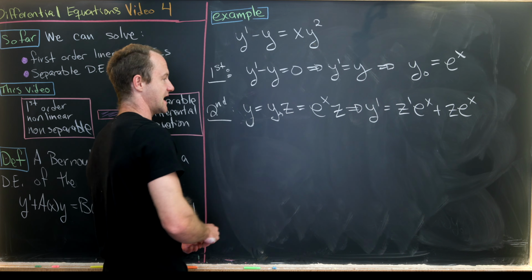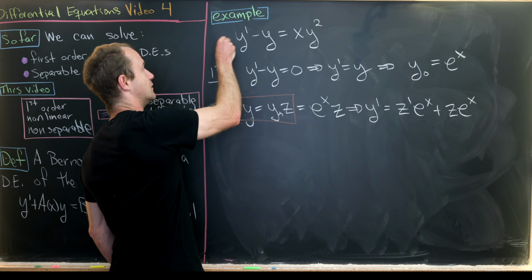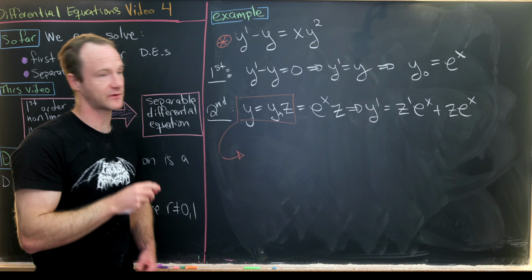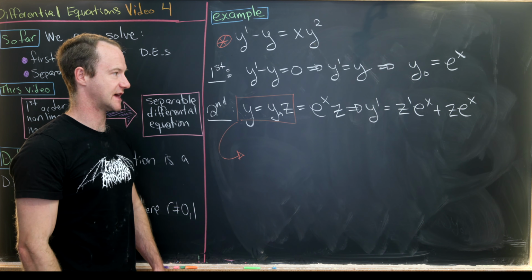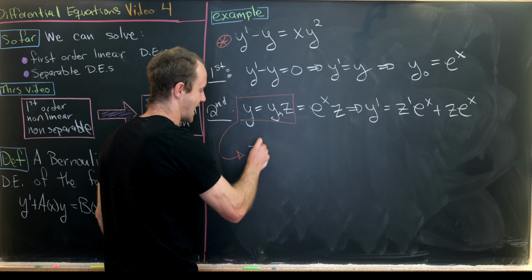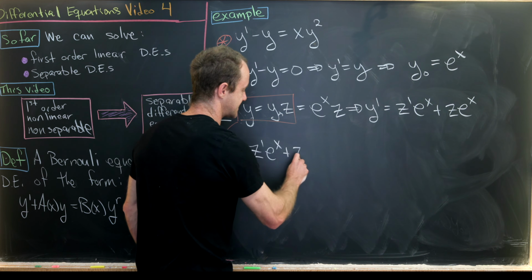And now we'll take this substitution that we've made for y and plug it into our original differential equation. And that's going to give us our new differential equation, which magically is separable from what we saw on the last board. But let's write it all out. So we'll write y prime as z prime e to the x plus z times e to the x, and then minus y.